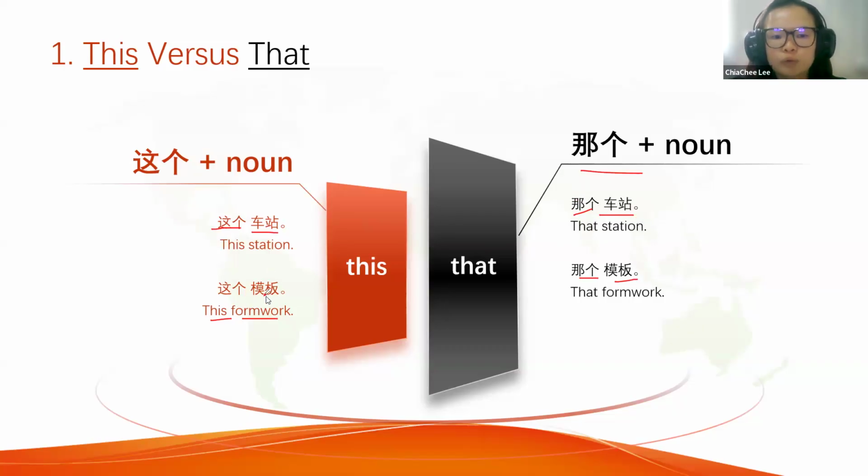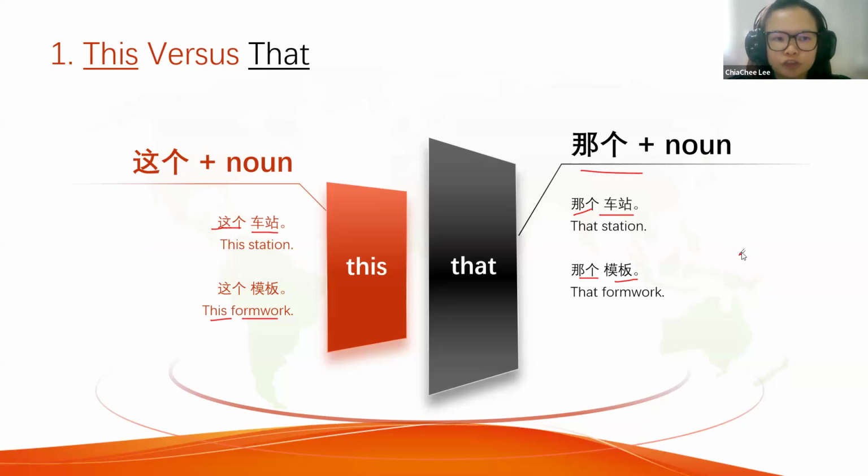And 这个模板 would be 这个模板在3分部, this formwork is located at section 3. 那个模板在9分部, that formwork is located at section 9. 这个 and 那个, just like that, 这个 is near to me and 那个 is far away from me.